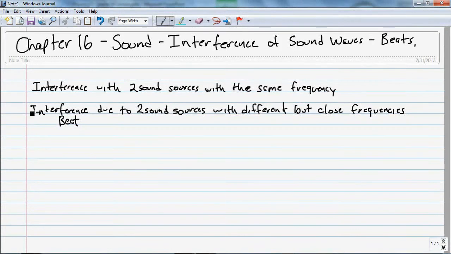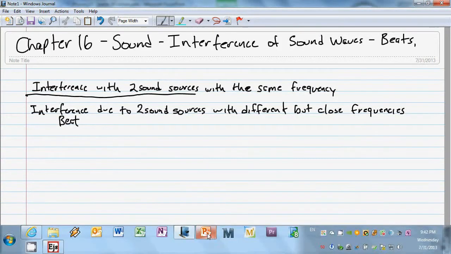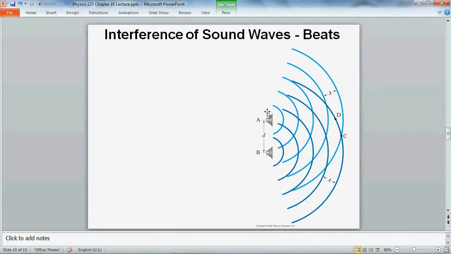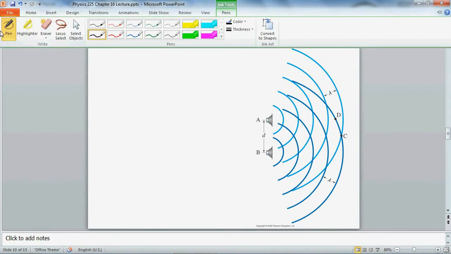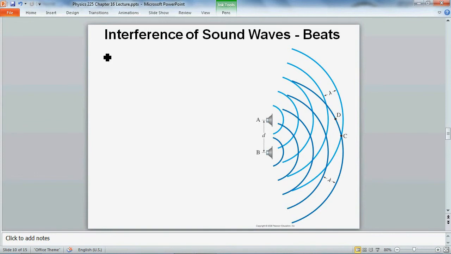So let's look at the interference with two sound sources with the same frequency. So here's a representation. We have speaker A and speaker B. They're separated by some distance d. So we want to remember that each speaker produces the same frequency.